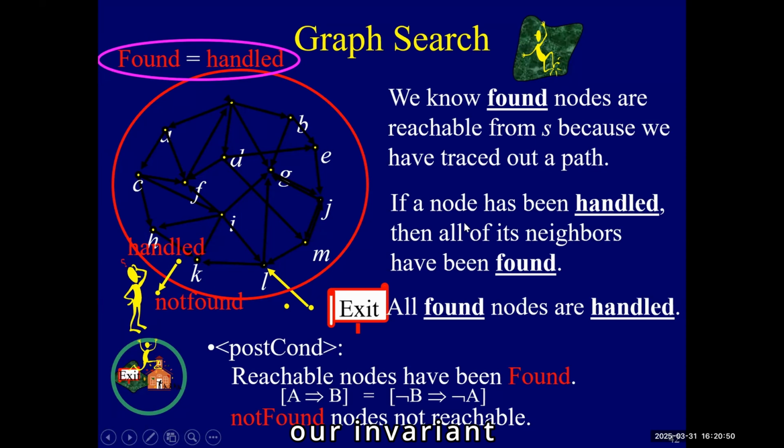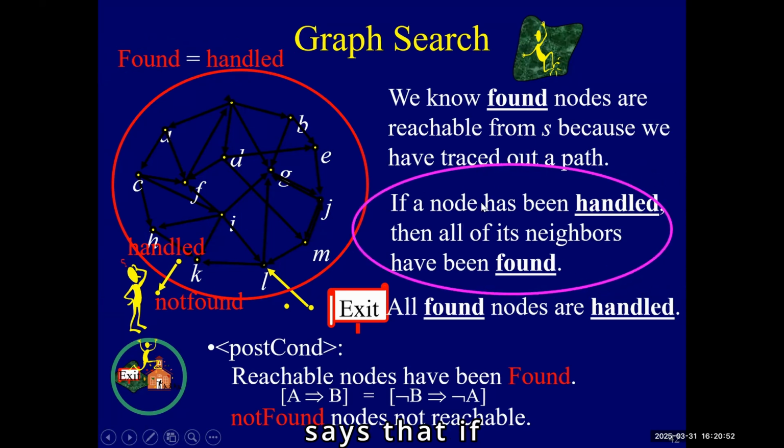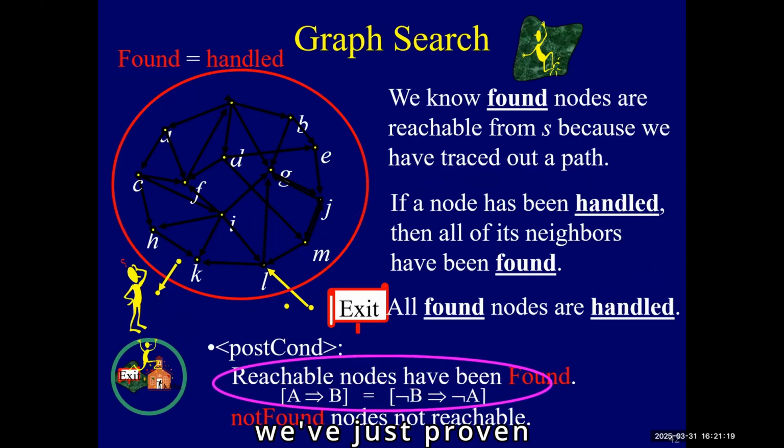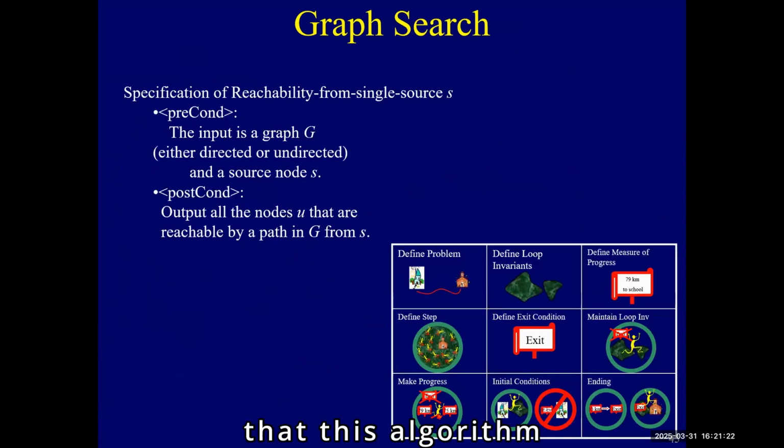No, because our invariant says that if you've handled it, then you've found the neighbors, right? And we've handled this because it's in this set. We haven't found this, so you have no edges leaving, right? That makes sense? And that tells us there's no edges. And that tells me if you're outside of the city walls, there's no getting to you, right? Does that make sense? All right, so there we've just proven that this algorithm solves our problem, right?